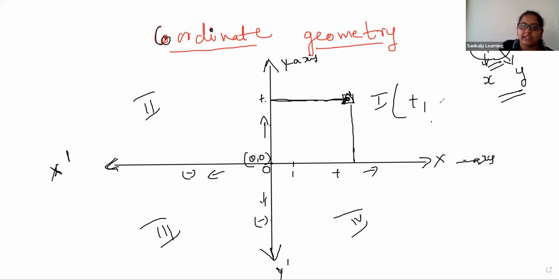What about y? Y is also positive. Both are positive numbers. Here, if you come to the second quadrant, this is x and this is y. X is negative and y is positive. If you come to the third quadrant, x is negative, y is also negative. We are taking these two lines, alva.